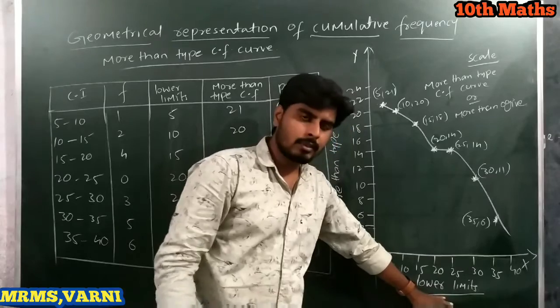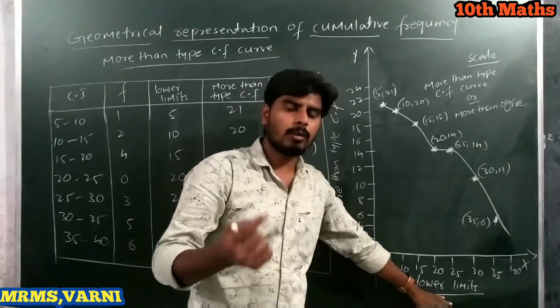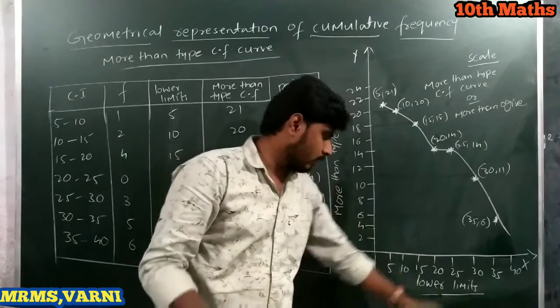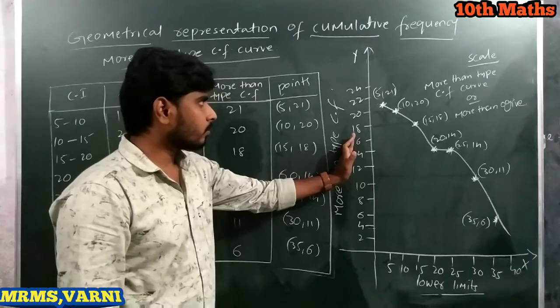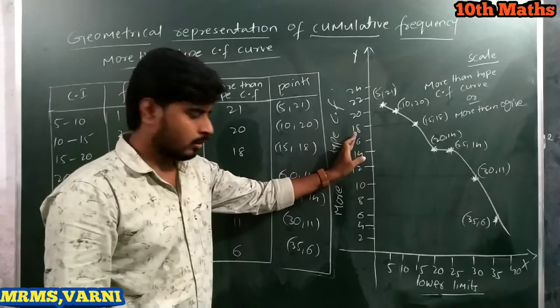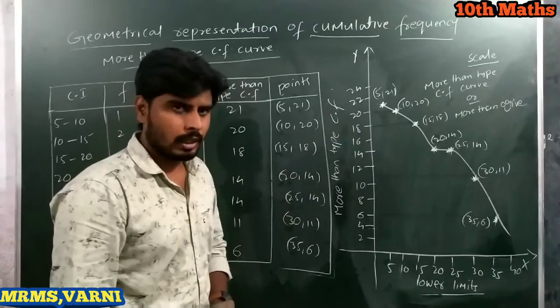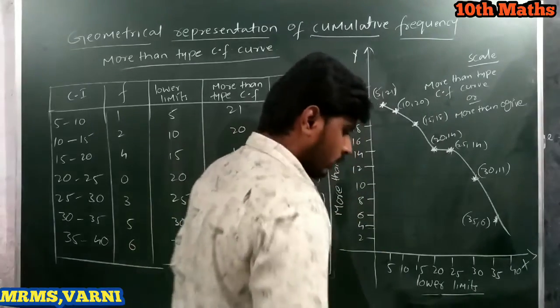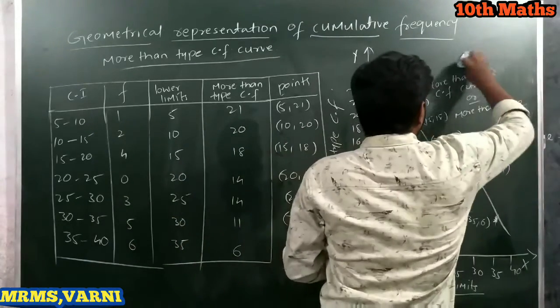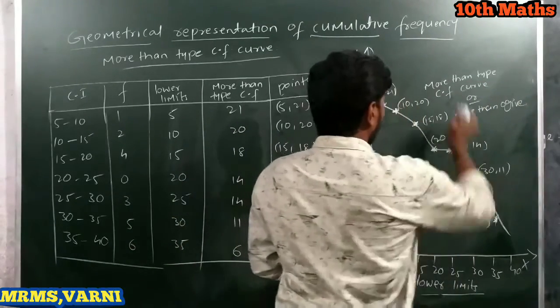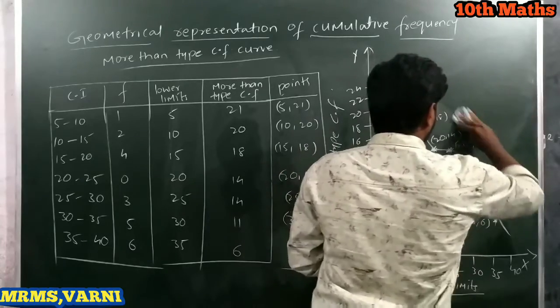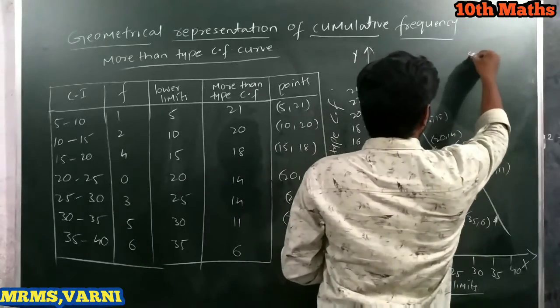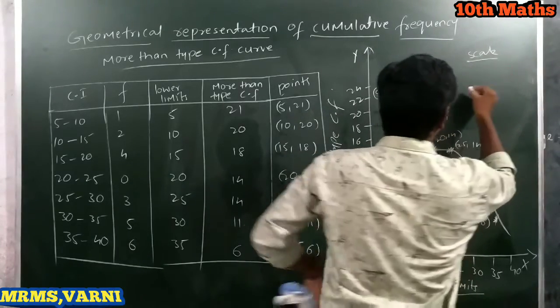We take more than cumulative frequency on the y-axis. Okay. Here I forgot to write the scale. So sorry. I am going to erase here. Actually, we have to first write the scale only. What is the scale?